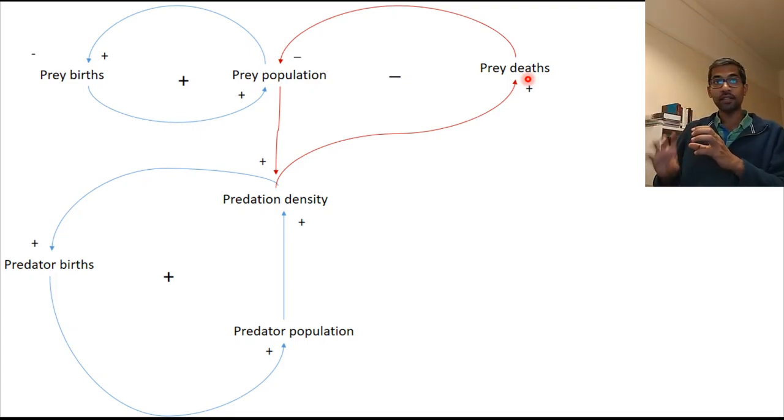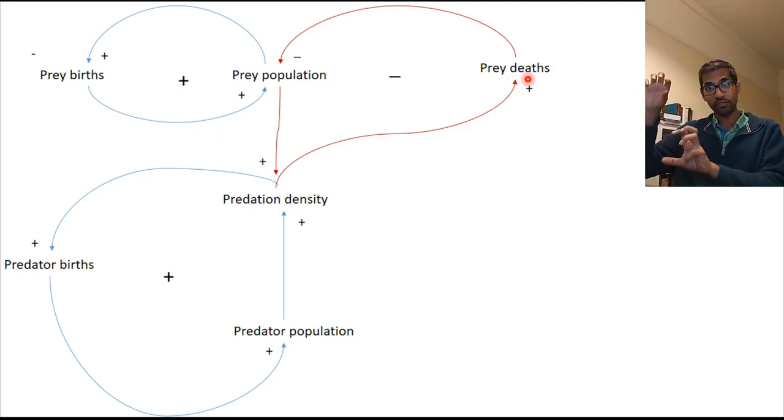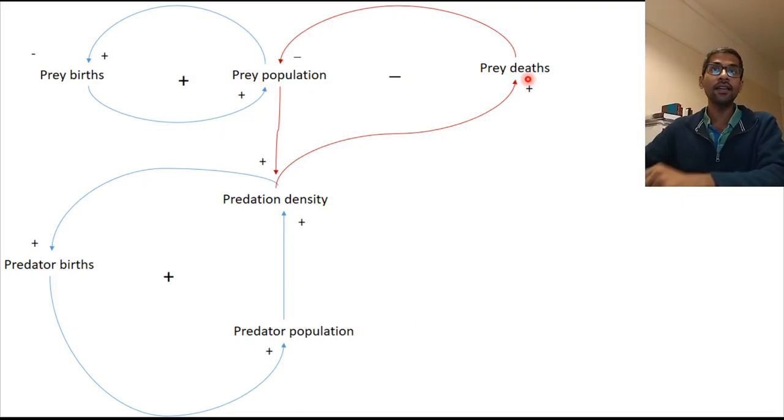So we started off with an increase in prey deaths, and as you go through the loop, the prey deaths actually reduce. This kind of loop, which tries to keep the values of the quantities in the loop constant, is called a negative feedback loop.